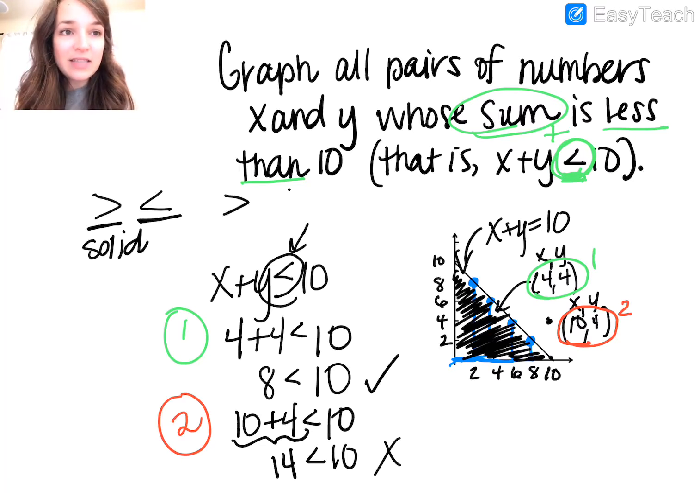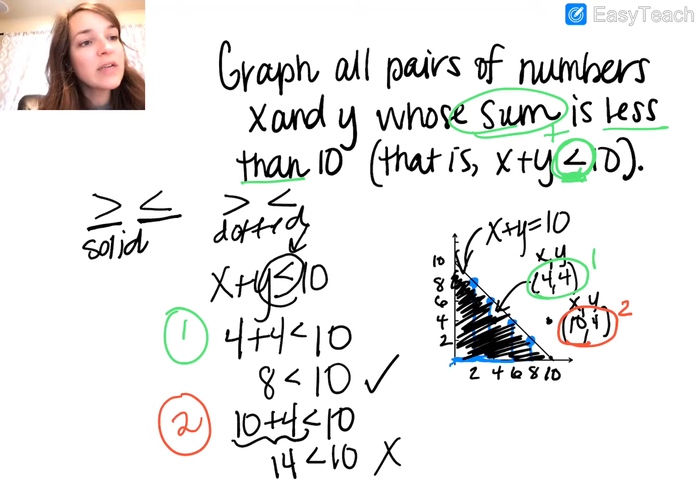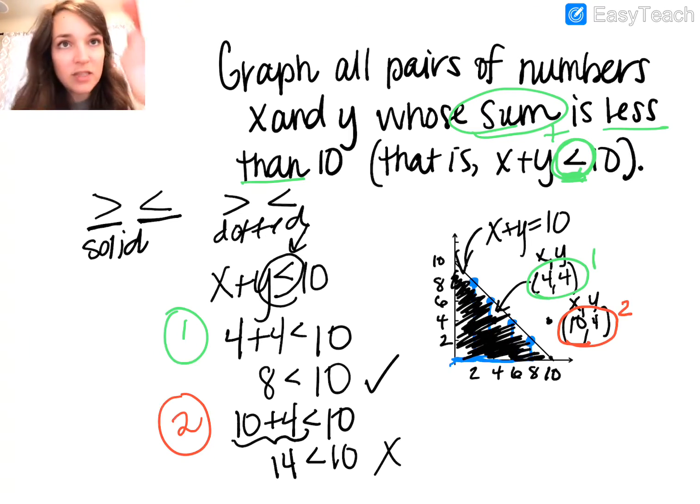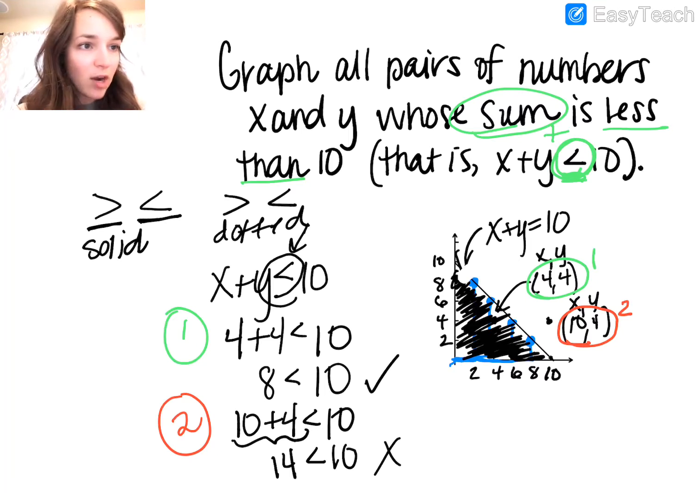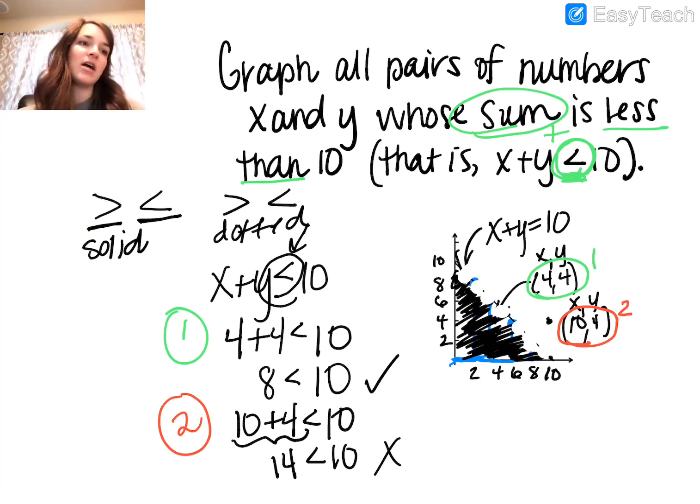But if our sign looks like this or like this, it's going to be a dotted line, because what that means is that it's all these points in here that are less than 10, but it's not equal to 10. So what we could do is take our eraser and make all these little dots on our line, so that it becomes a dotted line. It's not super great, but you kind of get the idea.